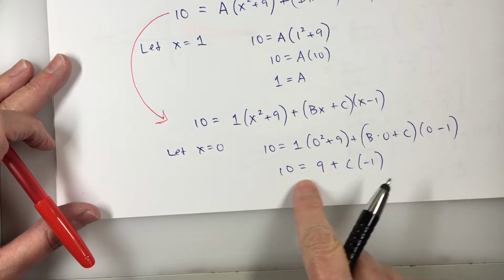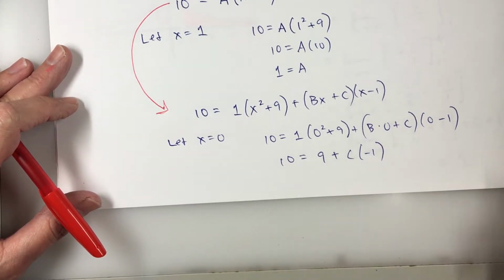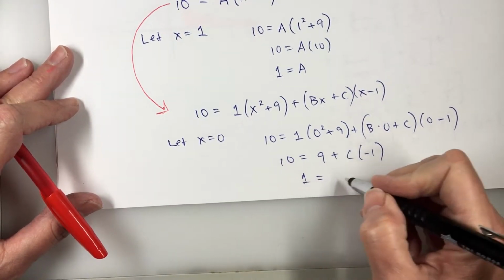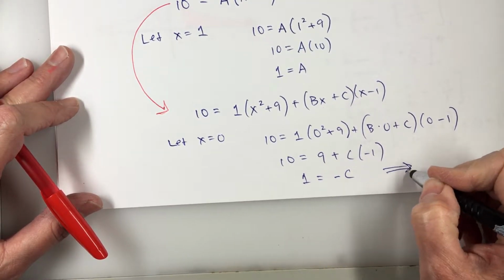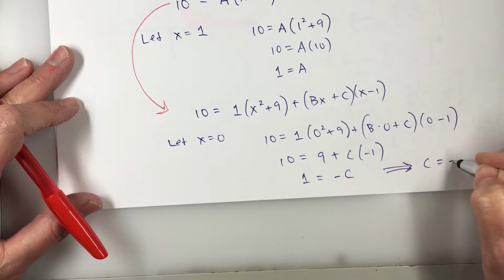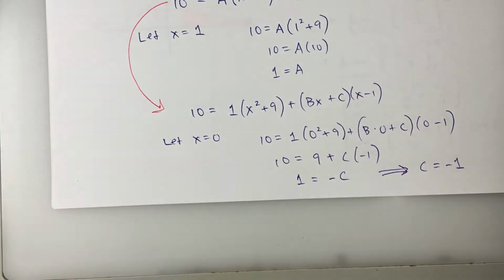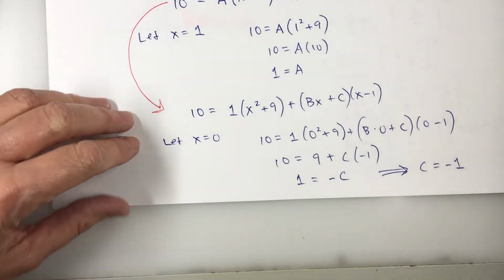So let's subtract 9 from both sides. 10 minus 9 is 1. 1 equals negative C. So this gives me that C equals negative 1. So I'll put that into the problem.